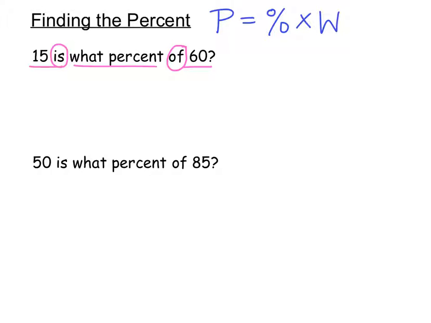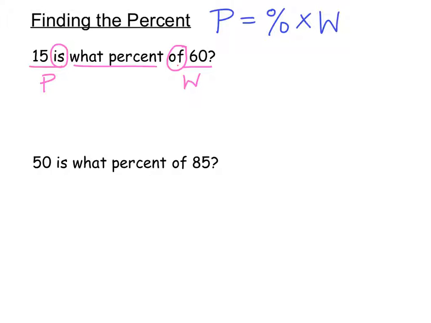So remember, 2 slides ago, I said is our key word for the part, and of is the key word for the whole. Because those words are near the numbers, I can correlate which is the part, which is the whole.